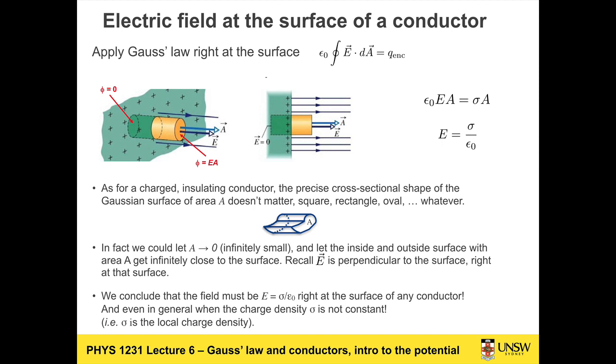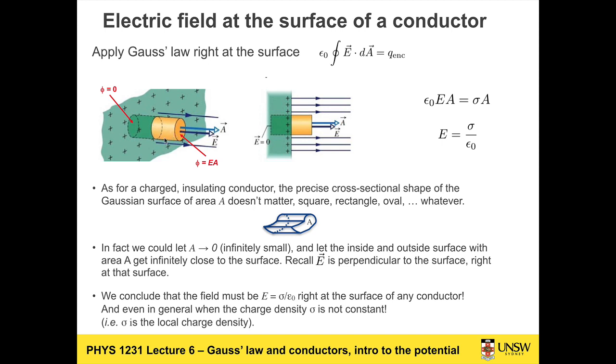Now, we discussed electric fields at the surface of a conductor, and that was most easily done using Gauss's law. For example, near a conductor we had a surface, and here we used a cylindrical surface. It doesn't really matter if you make this small enough.